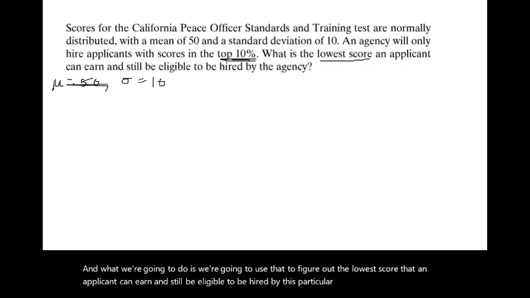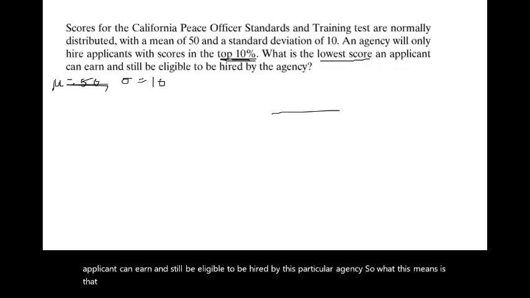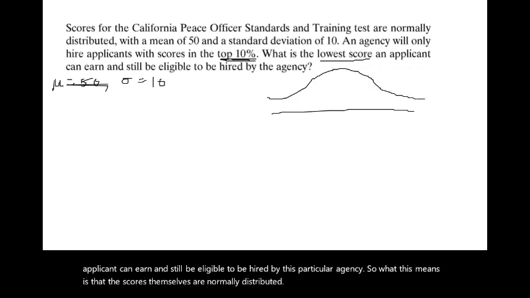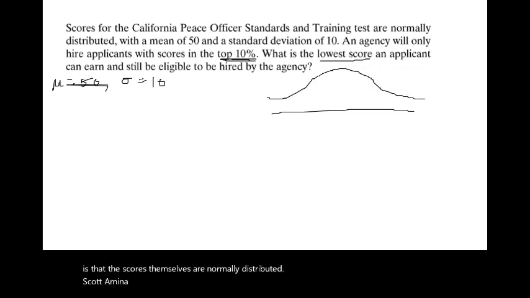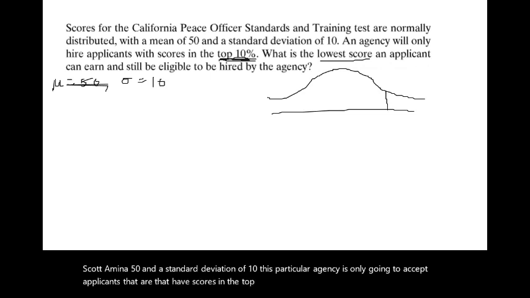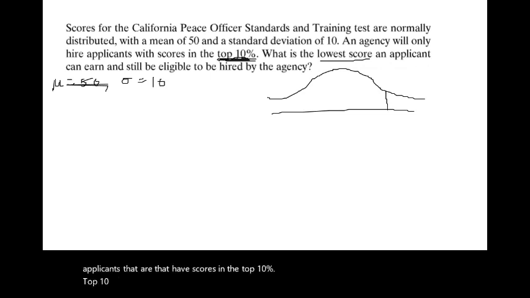So what this means is that the scores themselves are normally distributed. It's got a mean of 50 and a standard deviation of 10. This particular agency is only going to accept applicants that have scores in the top 10%. Top 10% is an area to the right. So there is some sort of cutoff score.